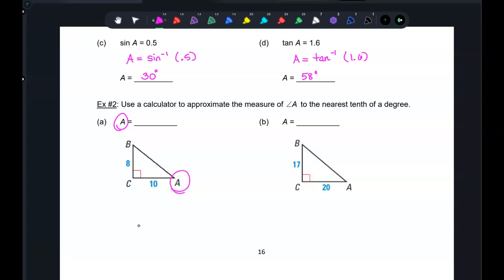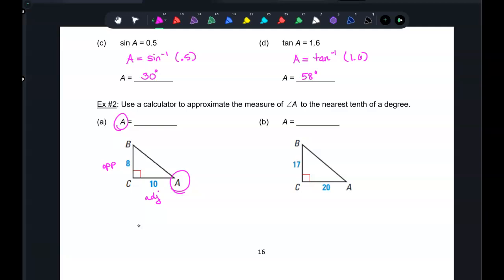What is 8? Opposite. And what is 10? Adjacent. By doing that, we're going to figure out which one we are going to use. Sine, cosine, we're going to use tangent. Again, I will give you this information on the test. Okay?